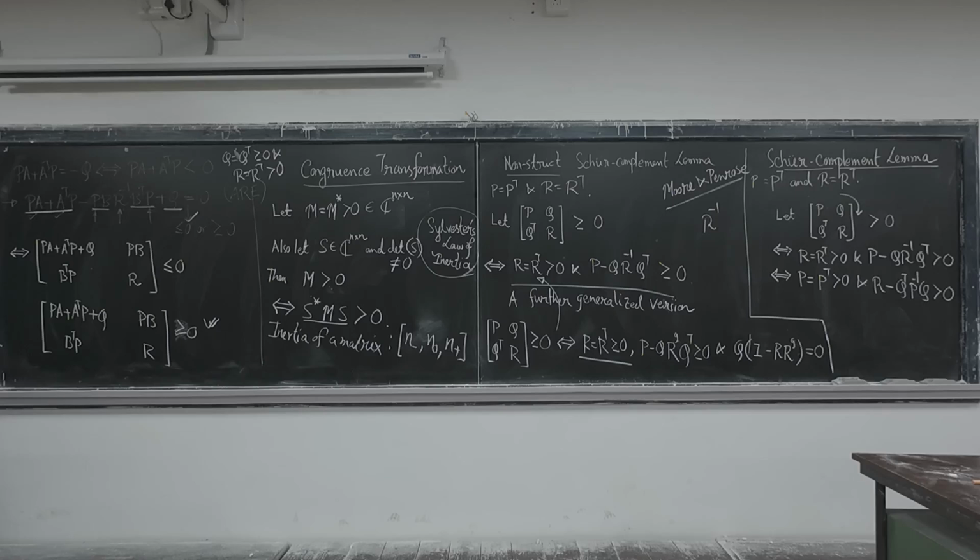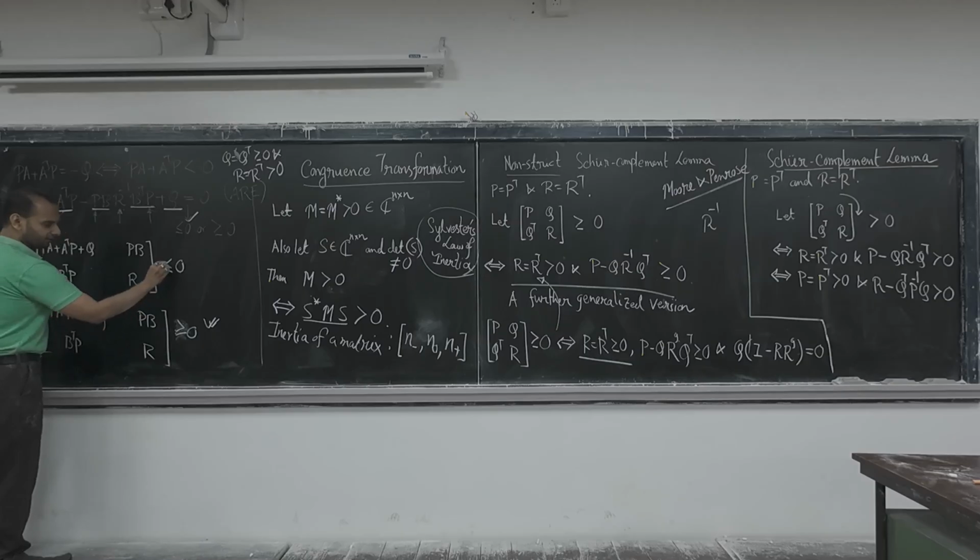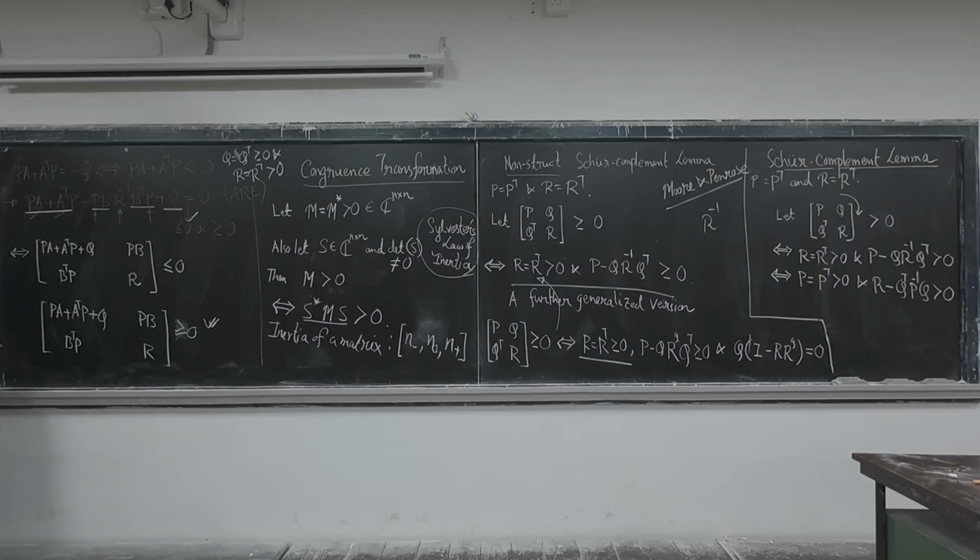You have to consider, according to the Schur complement lemma, please remember whether it is a matrix or a block matrix, these two entries, all of you please look at the board, that is this definiteness. Suppose at this moment this is less than equals to or less than, then these pivotal entries, that means this one and this one, should have the same sign, at least one of them.